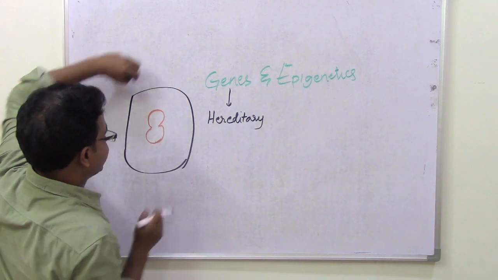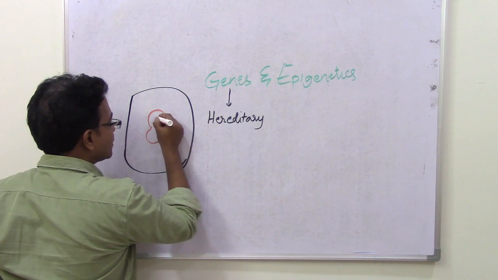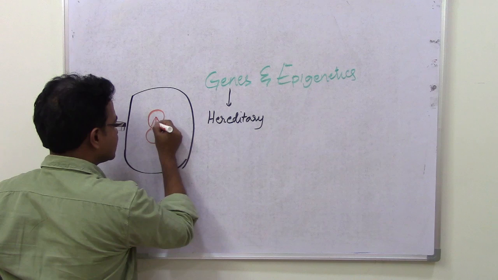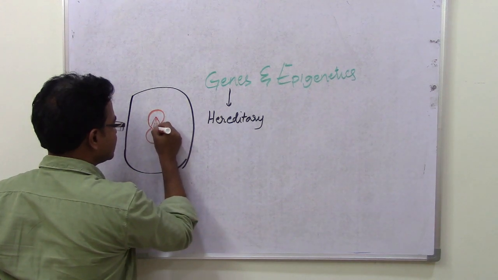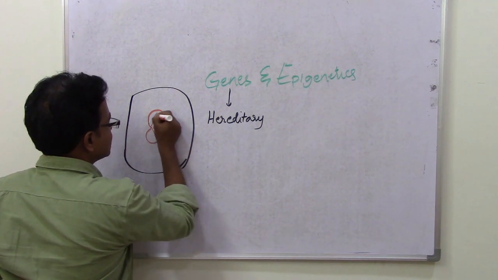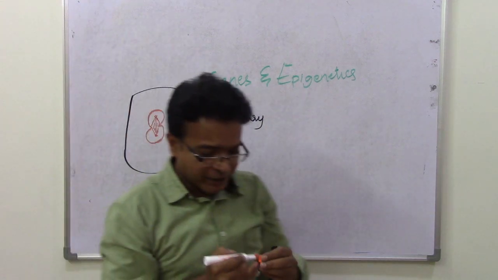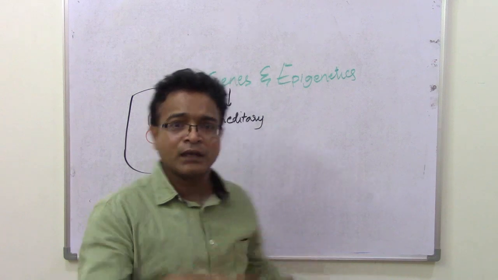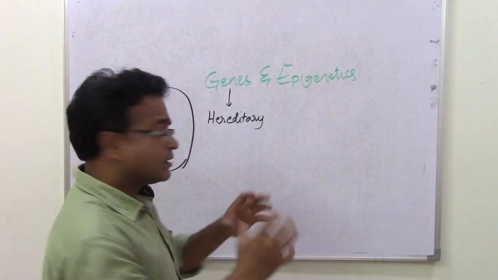So as the cell divides, the chromosomes are also dividing and separated. The nucleus is one of the largest cell organelles.